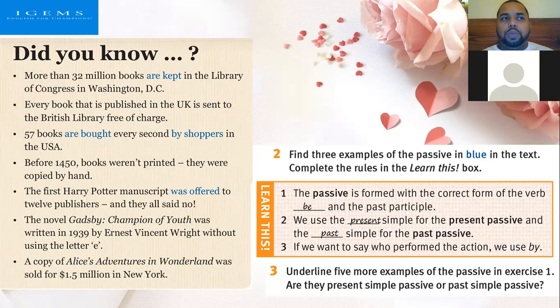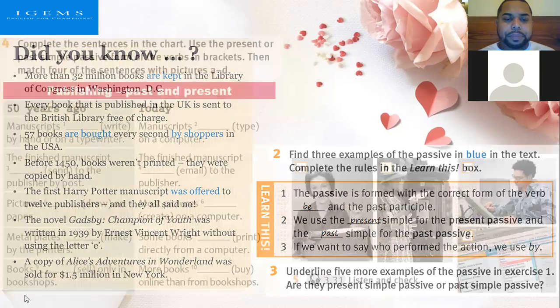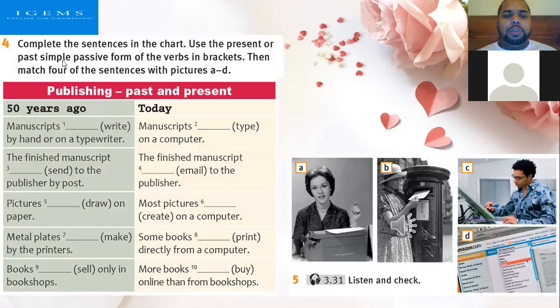So this is what we are gonna do here. I see you did the exercises very well. Let's go to exercise number 4, the next topic. Let me show you. Now it's time to complete the sentences in the chart.